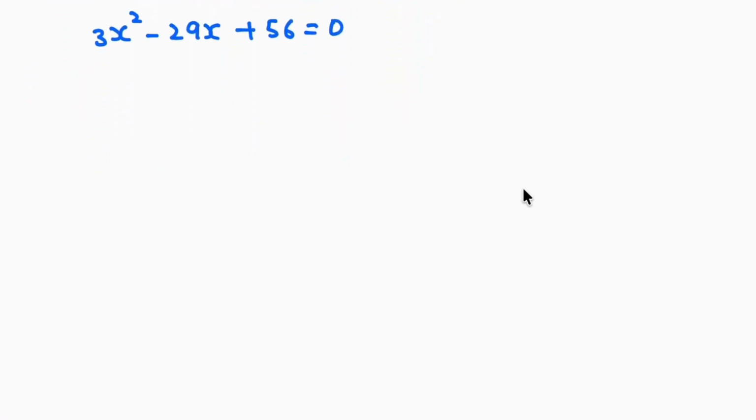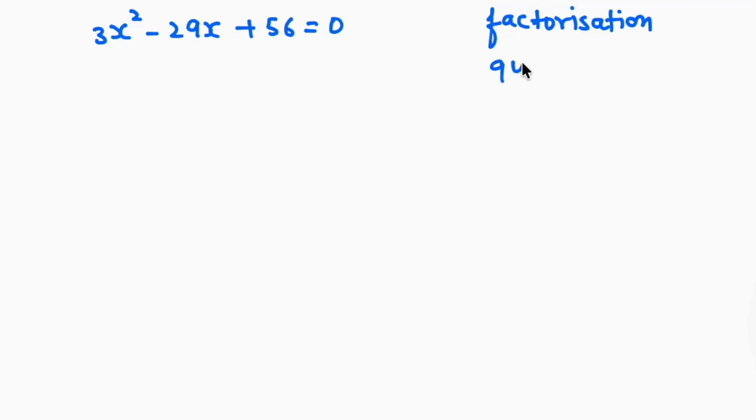Now, as it is a quadratic equation, we can solve it by the factorization method, the quadratic formula, or completing the squares, right? Completing the squares is a little bit tricky. The quadratic formula is applicable every time.